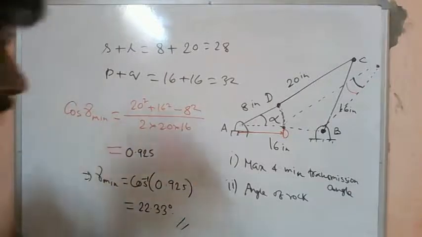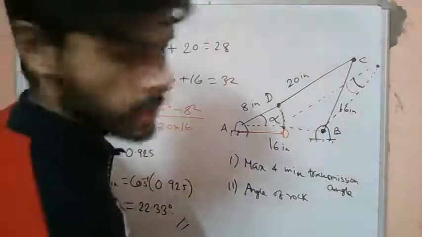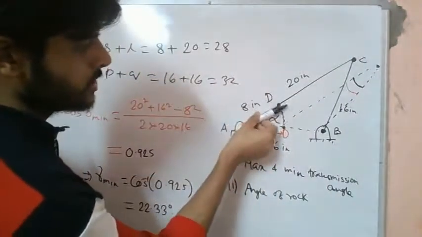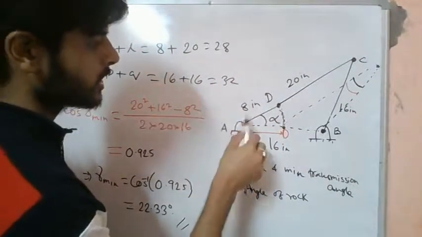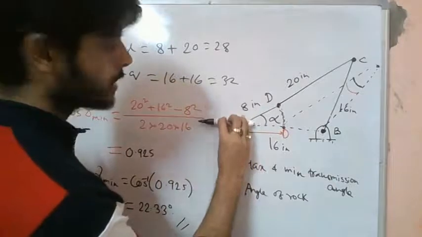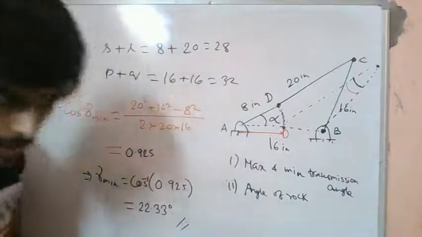Now we are required to find out the maximum transmission angle. Since this is a Grashof chain, this link can rotate and come over here. Let's draw the diagram then.